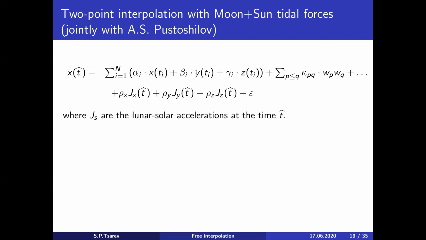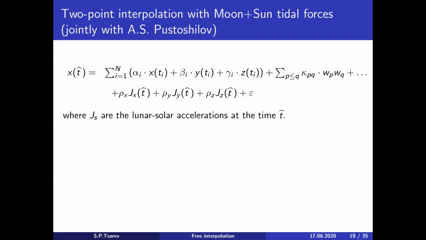And in our previous formula with linear interpolation and with quadratic, cubic, and other higher order terms with respect to coordinates x, y, and z, include positions of sun and moon.